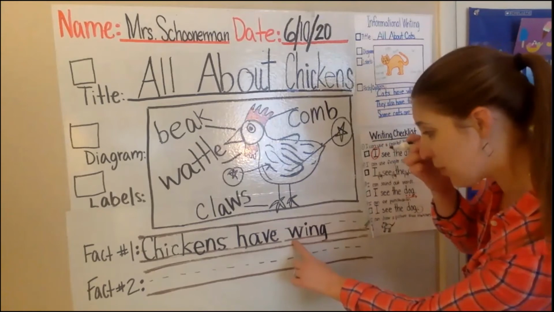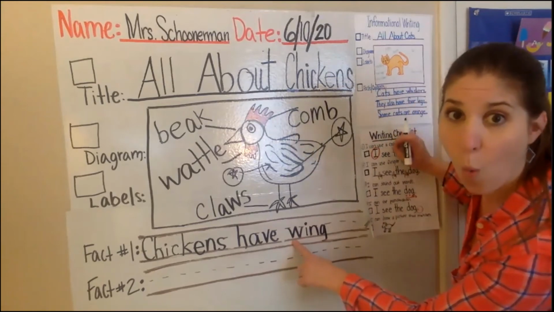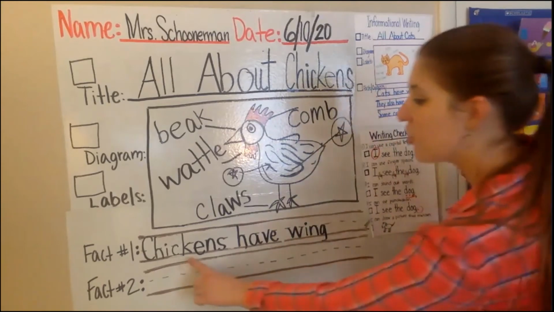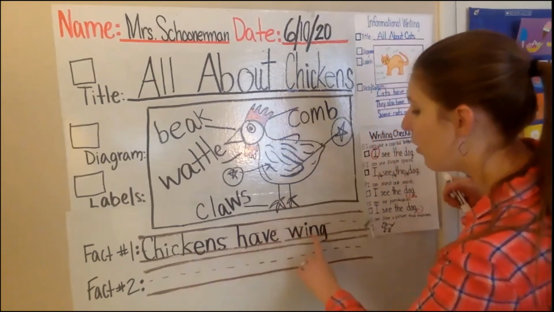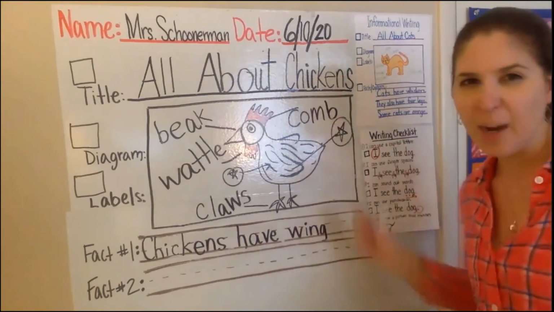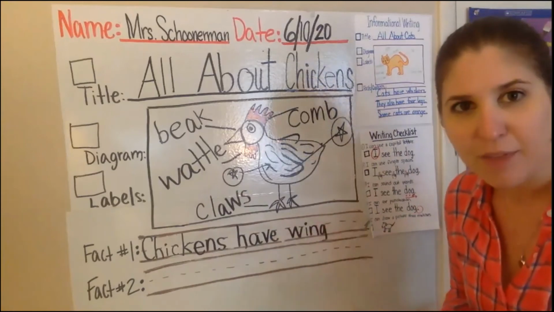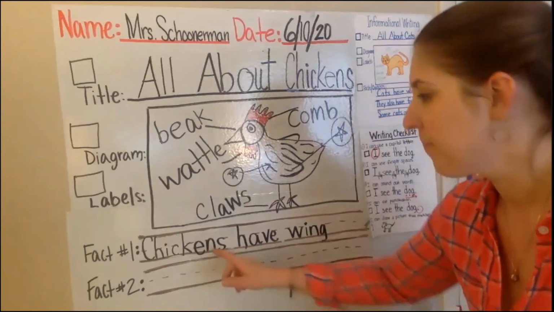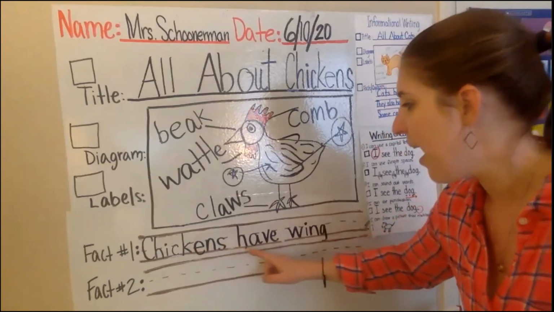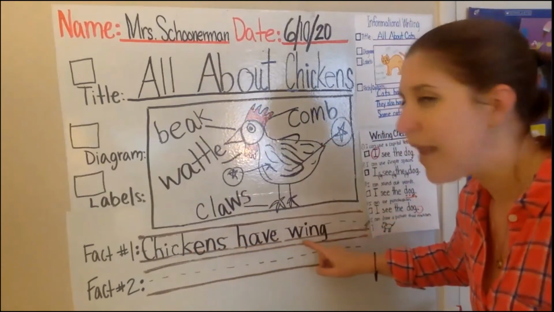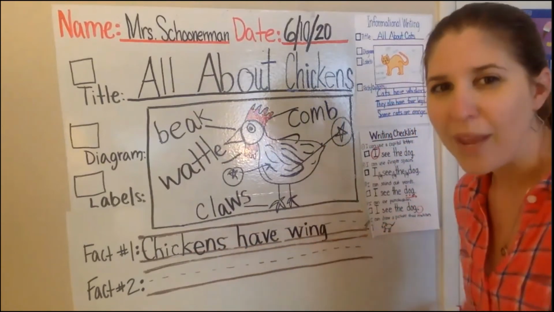When we add a W to the beginning of the word, it's wing. Chickens have wing. I like that I went back and I read this sentence because let's see if that sounds right. Chickens have wing. Wing.